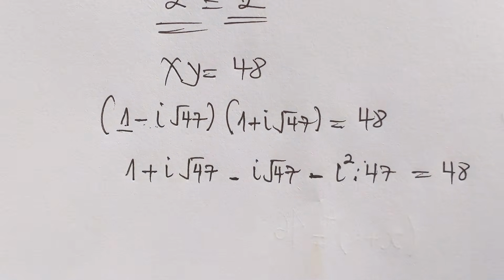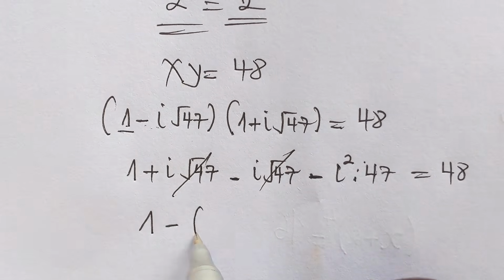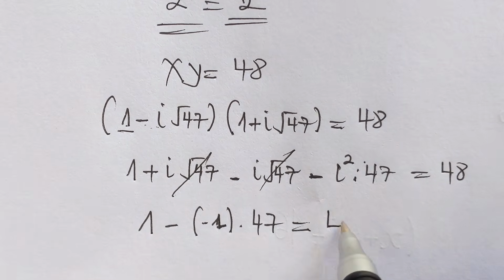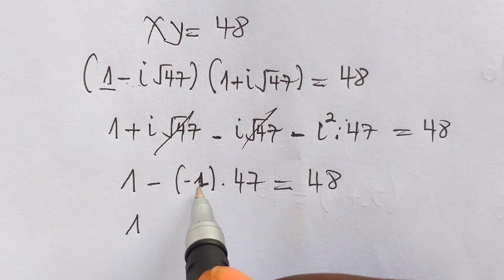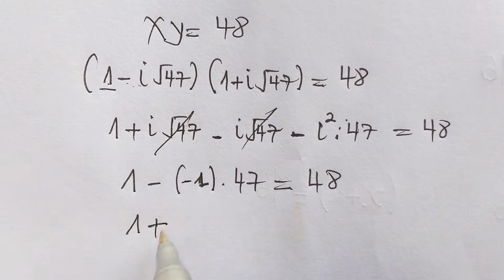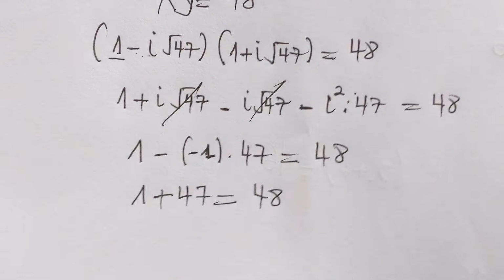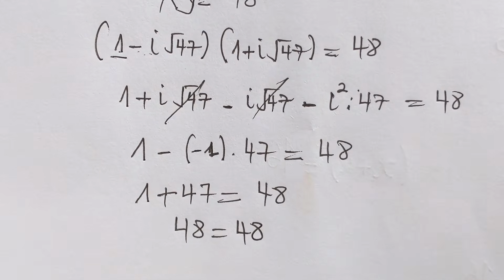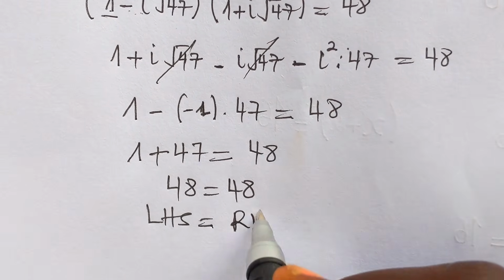This and this will be cancelled to get 1 minus i squared times 47, where i squared is equal to negative 1. Negative times negative is equal to positive, so 1 plus 47 is equal to 48, and 48 is equal to 48, then the left hand side is equal to the right hand side.